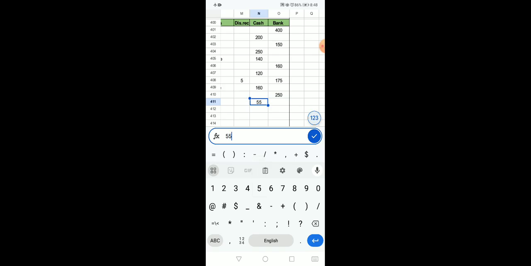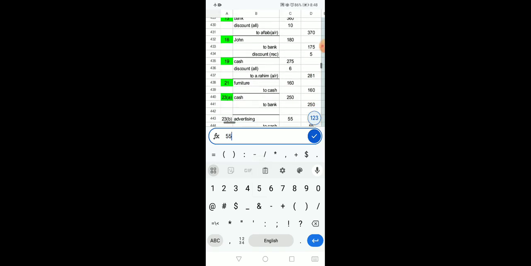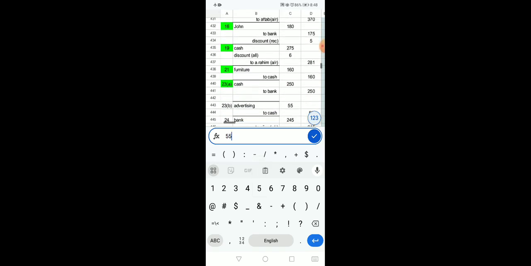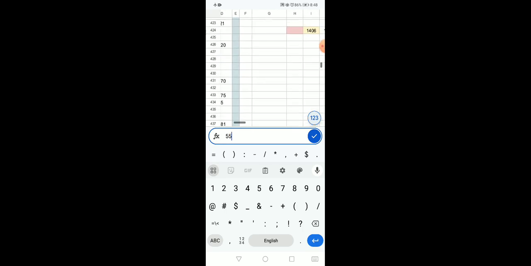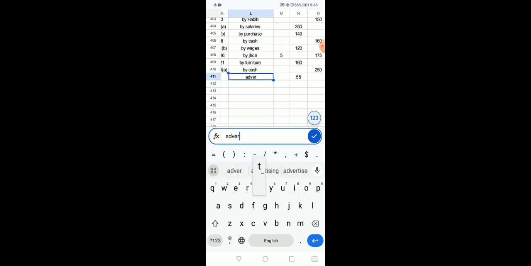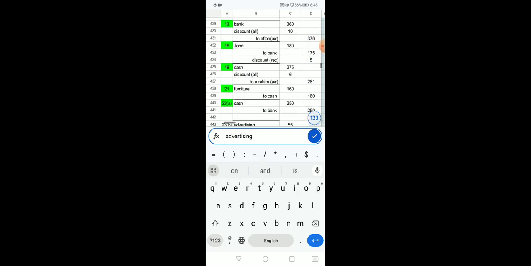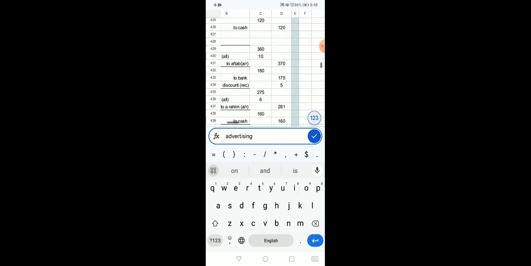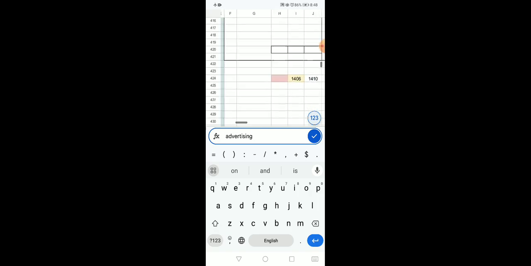Now 23B, there are two elements, but we are associated with only one element, that is cash, which is credited by 855. So you will go to the credit side of cash and will write 855. Now see its reference. What is written on the opposite side of cash? Advertising. So you will be writing advertising over here. Now see its date, which is 23B.